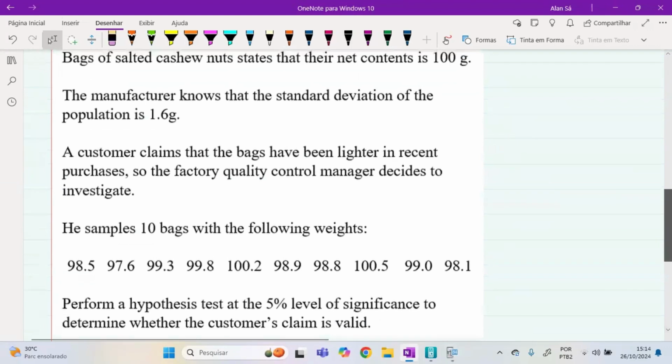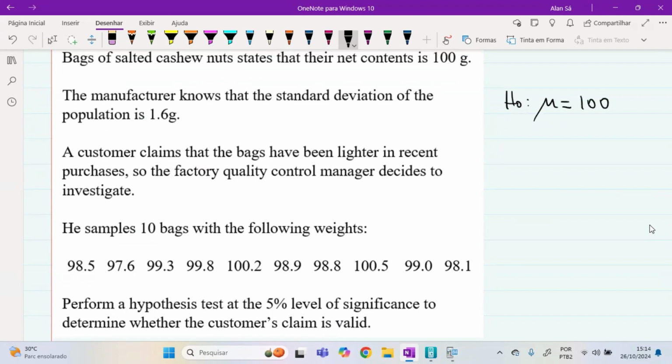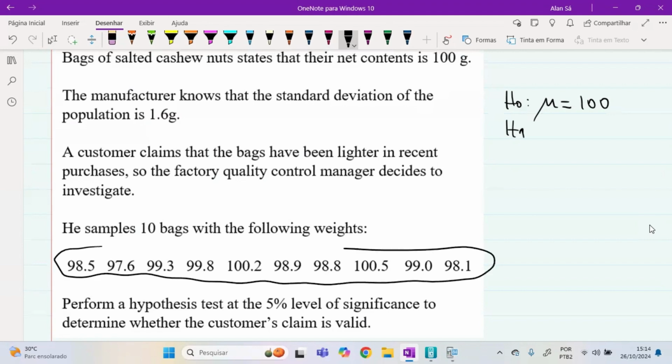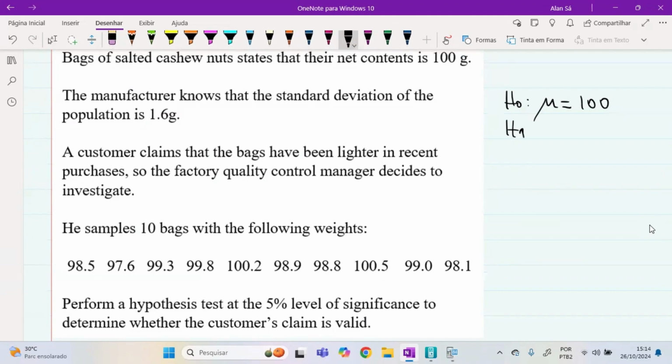Now we use the calculator to put this information in a list. The hypotheses, of course, are the same. The only thing that changes is that rather than 40 bags, it's 10 bags, and the 10 values are here. So we would have to go to lists to put this in the calculator.